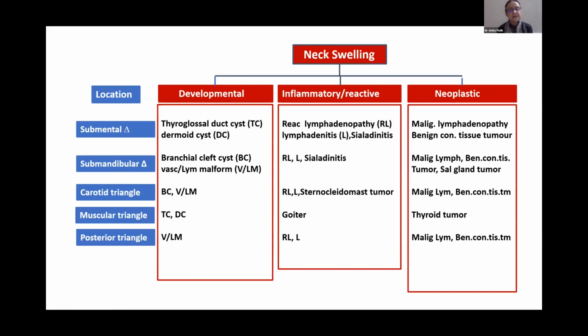The developmental swellings are thyroglossal duct cyst, dermoid cyst, branchial cleft cyst, and vascular and lymphatic malformations. And these vascular and lymphatic malformations become a huge swelling later on. Then in inflammatory and reactive, there is reactive lymphadenitis, and then in neoplastic, it may be malignant lymphadenopathy or the benign connective tissue.